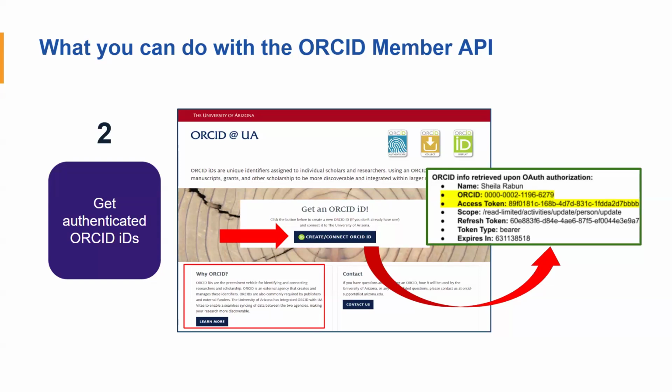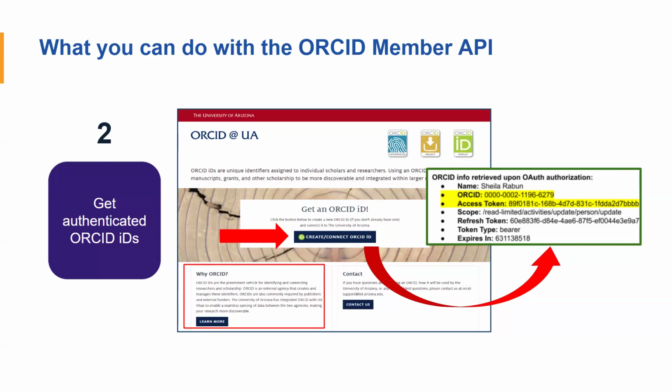for the specific researcher. Now, some organizations may want your ORCID ID number by typing in or manually entering your ORCID ID. That works as well. However, that's not an authenticated ORCID ID. Typing in and manually entering ORCID IDs really opens up the possibility of typos or incorrect ORCID IDs for your researcher.